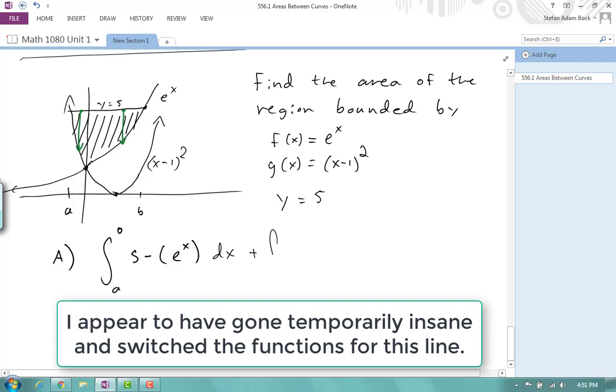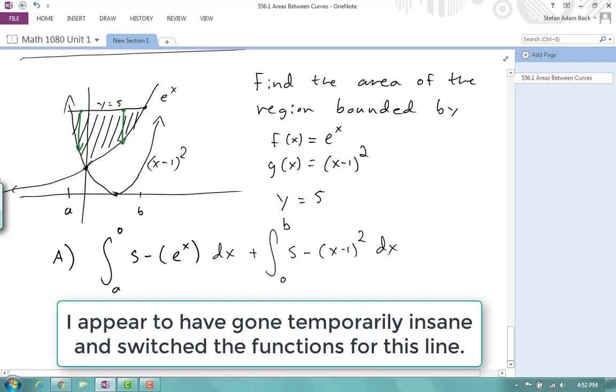Plus, I'll have an integral from 0 up to whatever b is of 5 minus x minus 1 quantity squared dx.